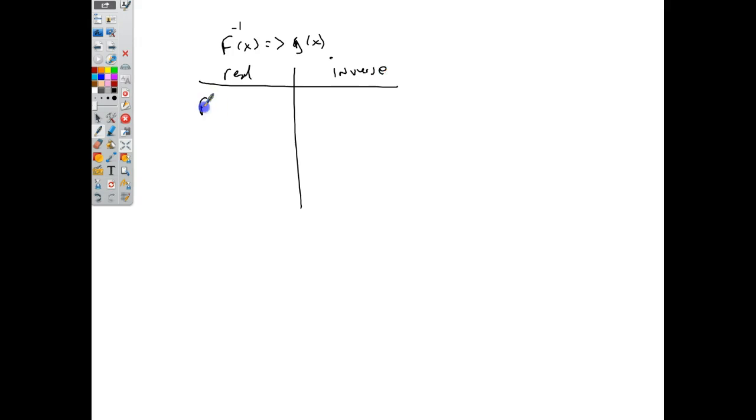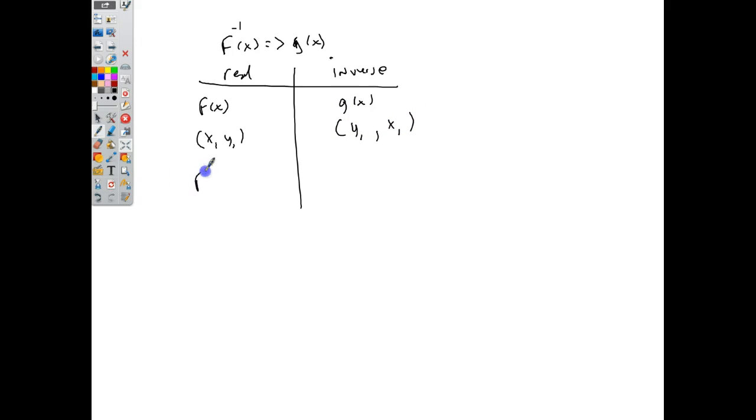Okay, so in real land, f of x equals this. This is the inverse, agreed? Okay. Next step would be what? If there's a point (x1, y1), then over in this land it would be (y1, x1), agreed?